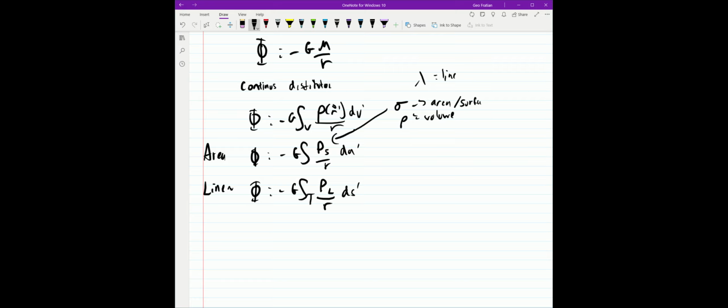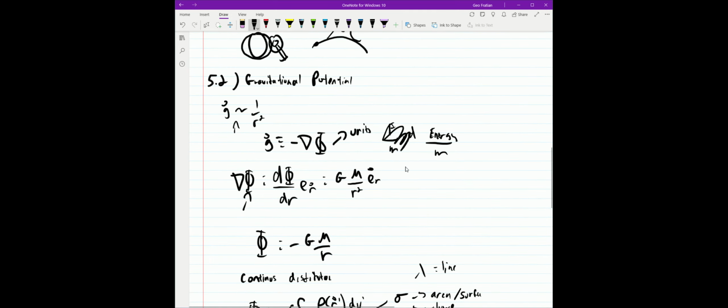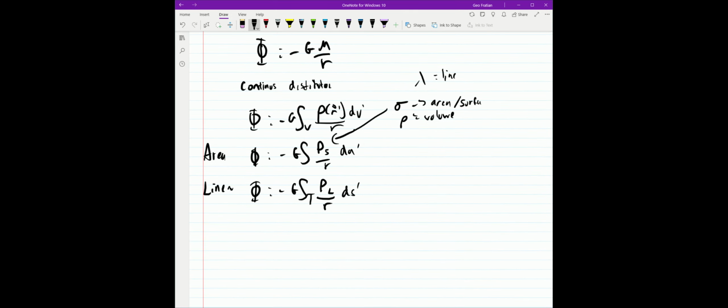So, okay. Now, why do we care about this gravitational potential function? Well, we'll see why if we consider the work per unit mass. Because remember I said the units are an energy per unit mass.